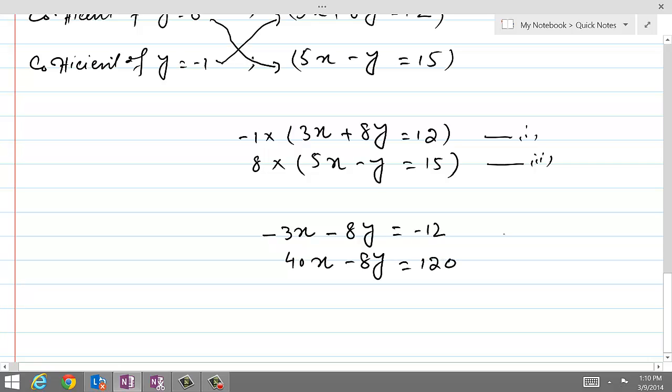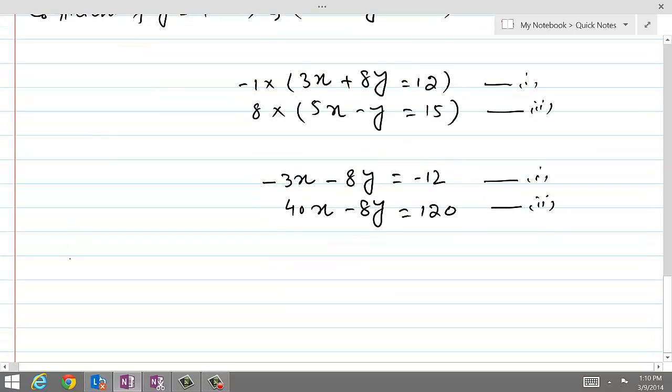So this is still equation 1 and this is still equation 2. And remember, our objective was to gain equal coefficients of y by multiplication of these coefficients with alternate equations, which we can see, minus 8 is the coefficient of y in both cases.